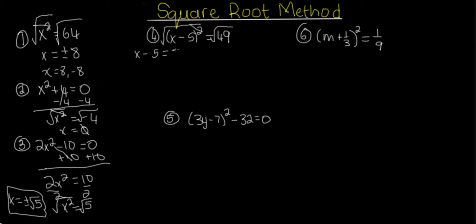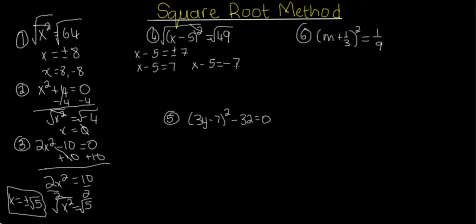Remember to always do your plus or minus, because when you're solving, it will apply to positive and negative. If I would have been done with just x here, I would have said the answer is plus or minus 7, but I need to bring the negative 5 to the other side. I recommend you split this up into 2 equations. So you have x minus 5 equals positive 7, and x minus 5 equals negative 7.